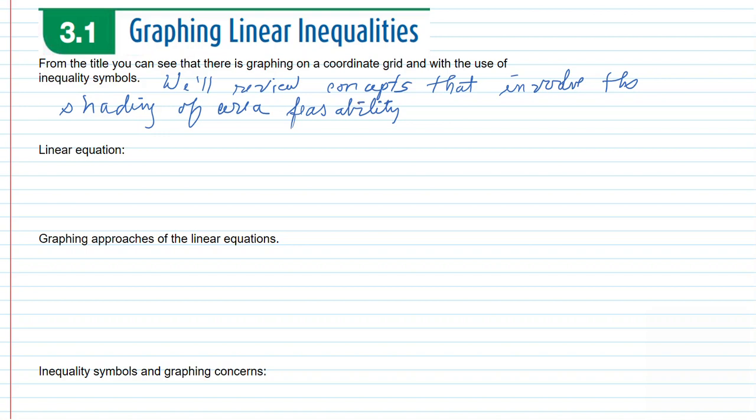Feasibility in that, yes, we can be in that realm and still qualify according to needs or supply or demand of those cases. So let's first start with a linear equation.